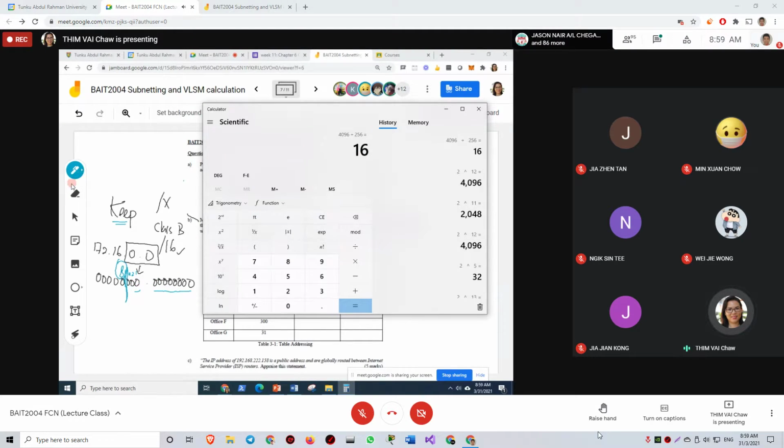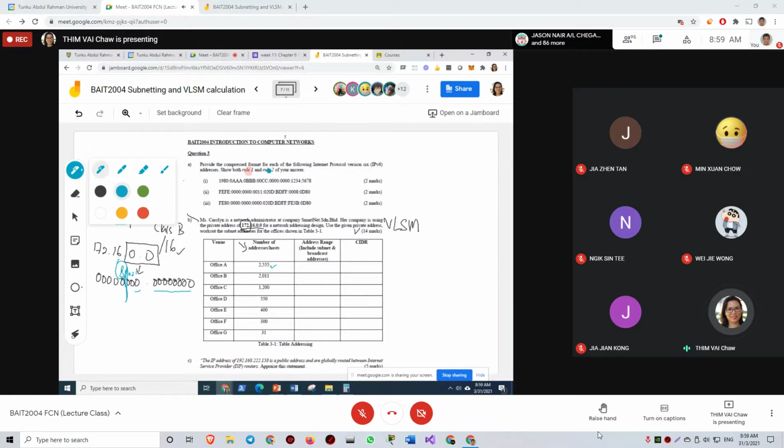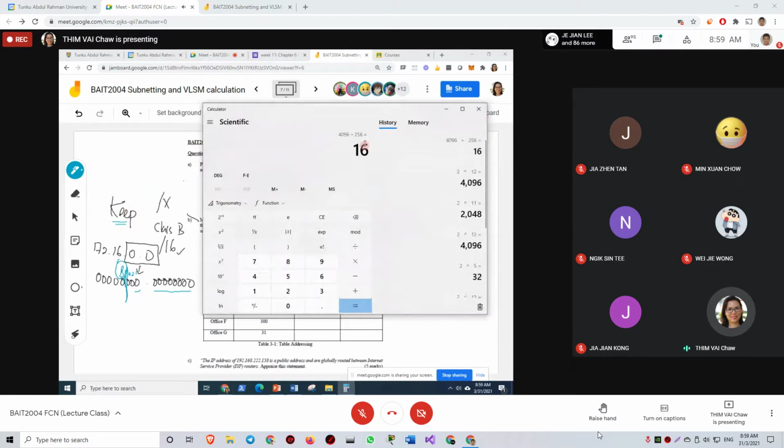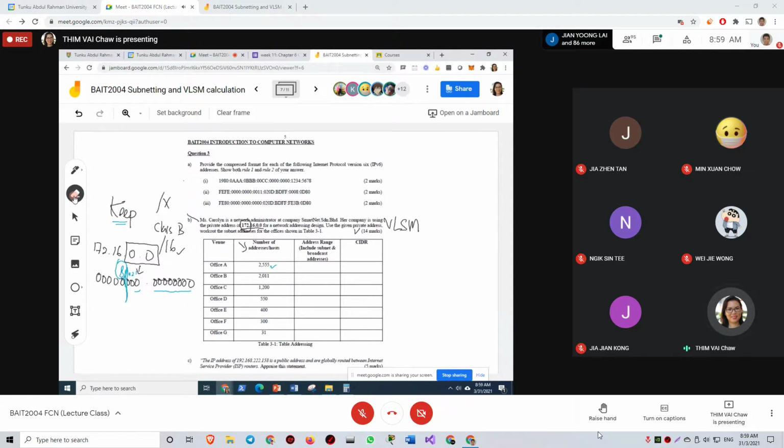Yeah, I drew my line wrongly. Sorry about that. Because I divide by 256, my magic number here is 16, but here is 8. That means I drew my line wrongly. Actually, I did not draw the wrong line on purpose. I counted wrongly.